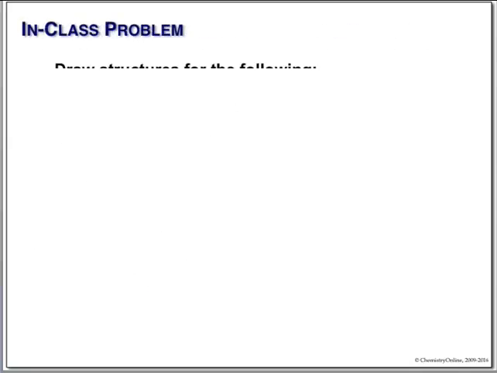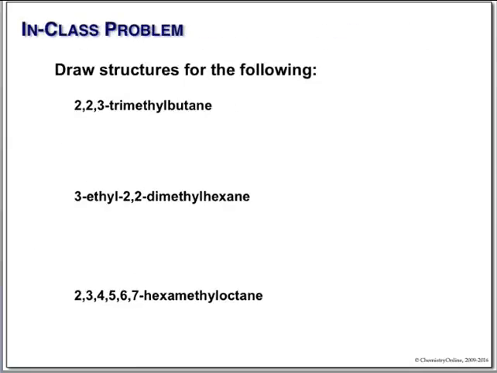Let's do it backwards. Go ahead and see if you can take these names. We've done enough now. You can do this. Take these and make a simple structure for me. First one's a butane, so that's 4 carbons in our zigzag.